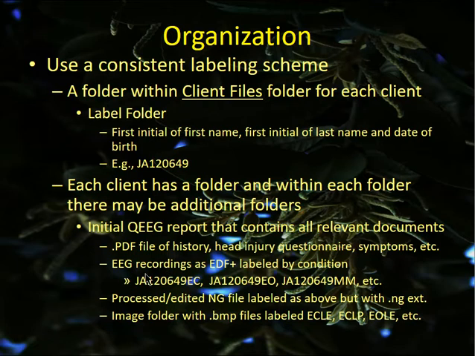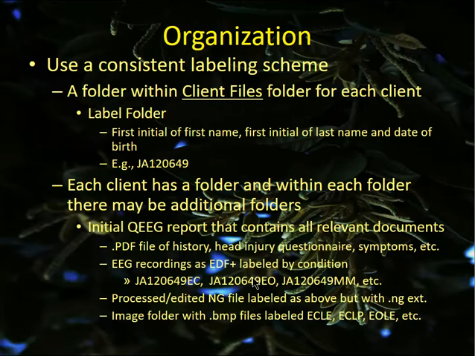Any EEG recordings that you have saved in whatever format they are collected in. And in that case, the individual files are labeled with the initial designator, the initials and birth date, and then an eyes condition designator. For example, eyes closed, eyes open, mental math, reading, other designators that you come up with.